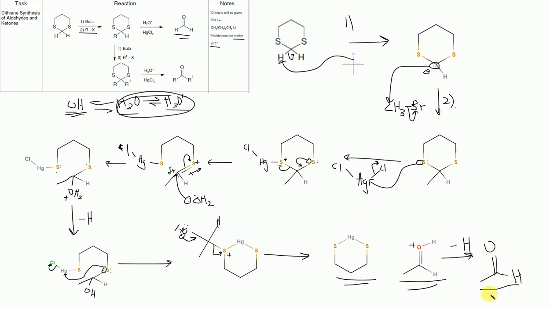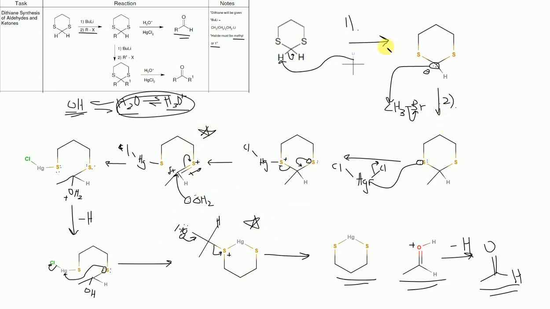Okay, so this is the mechanism. This whole thing is the mechanism, and I wouldn't say that you have to fully know it, but it's very nice to see how this works, especially these steps right here, this step, and these steps right here. These are very important steps, I feel, that will help you later on, the starred ones.